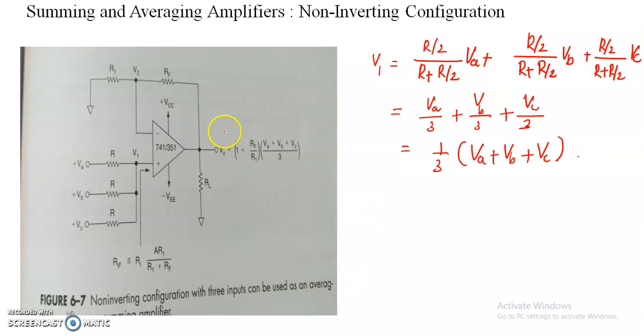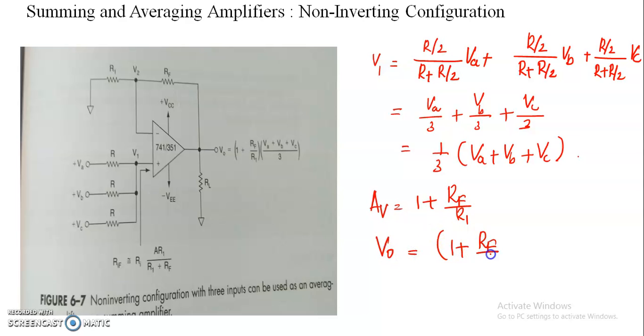Now from the previous videos we have learned that for the non-inverting configuration, the gain of the amplifier will be AV equal to 1 plus RF by R1. So the output voltage VO will be equal to 1 plus RF by R1 into V1, that is the voltage at the non-inverting terminal.